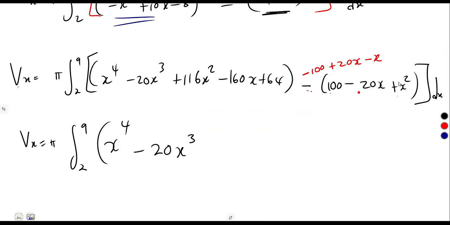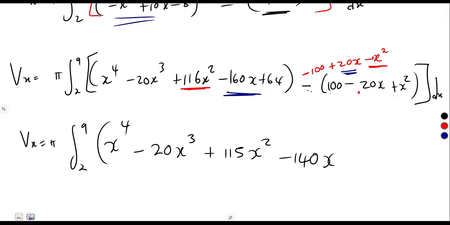There is x squared here, so it's 116x squared minus x squared, 116 minus 1, that's positive 115x squared. Then minus 160 plus 20, considering the like terms, that's minus 140x. Then 64 minus 100 is minus 36.